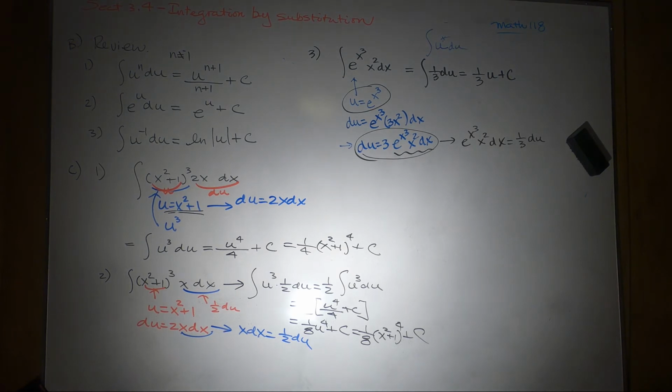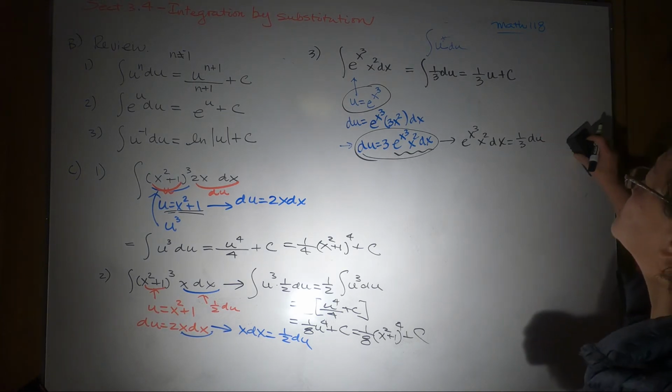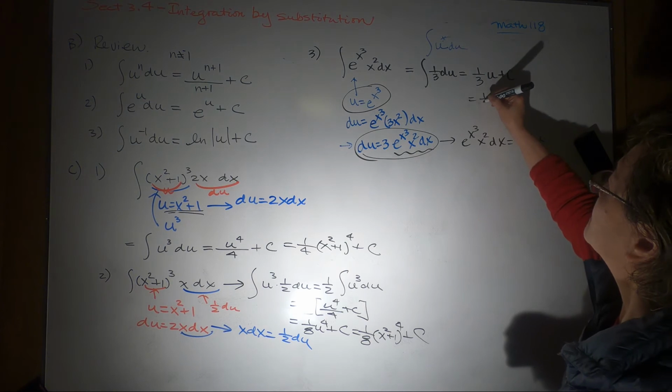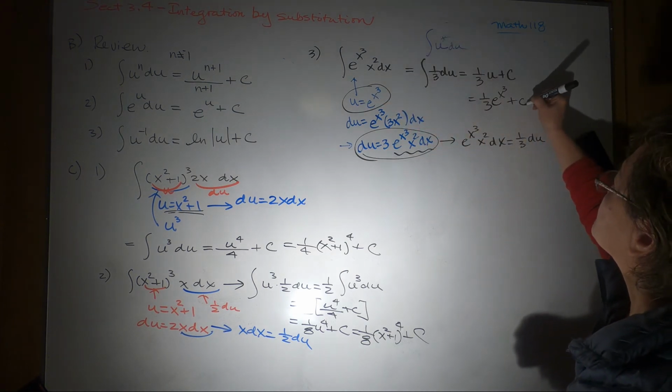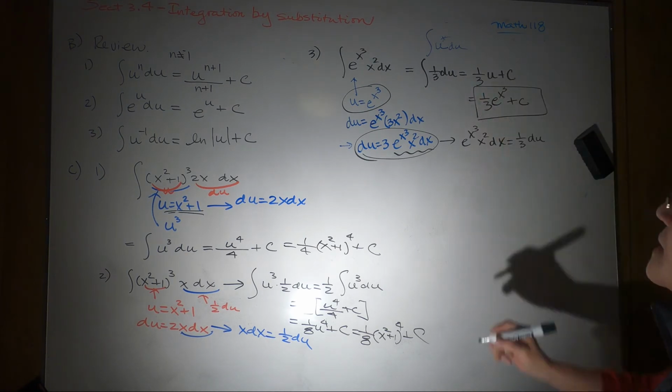Okay, but you have to put it back in terms of x. So this one would be what? 1/3 times u, which is this guy, e to the x cubed, plus c. That would be your answer.